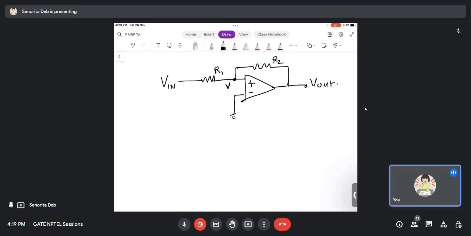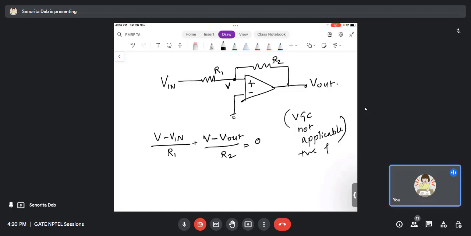So let me write a normal KCL equation. (V minus Vin) by R1 plus (V minus V out) by R2 equals 0. Remember, V is not equal to 0. The virtual ground concept is not applicable because it is a positive feedback.